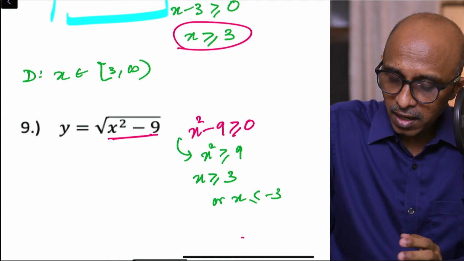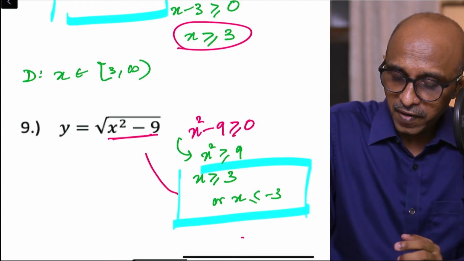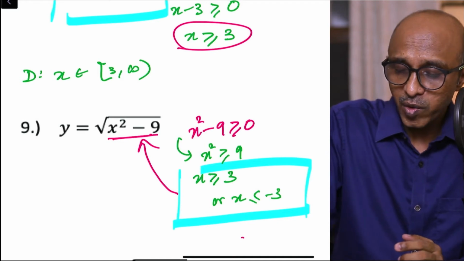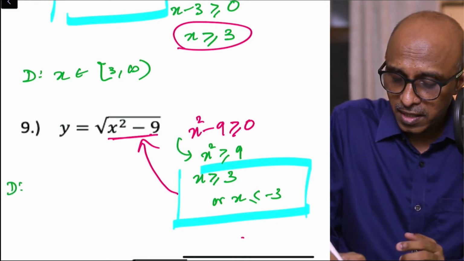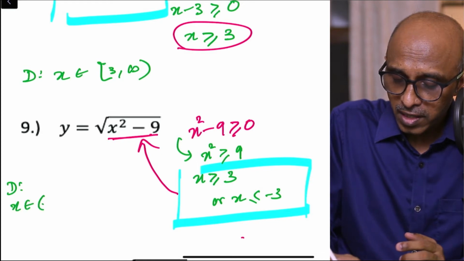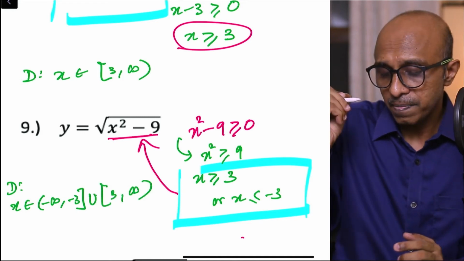So these are the permissible values for a function defined by the square root of x squared minus 9, and the domain in interval notation can be written as x belongs to -infinity, -3, closed at that end, and then union 3, infinity.